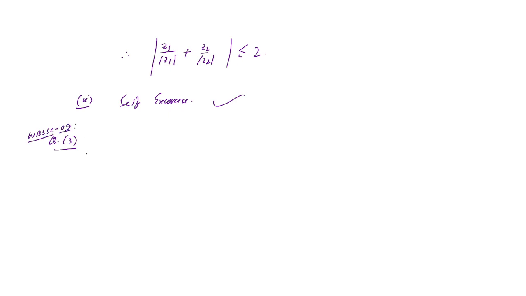The question is basically: prove that for a complex number z, |z| is greater than or equal to 1/√2 times (|Re z| + |Im z|).